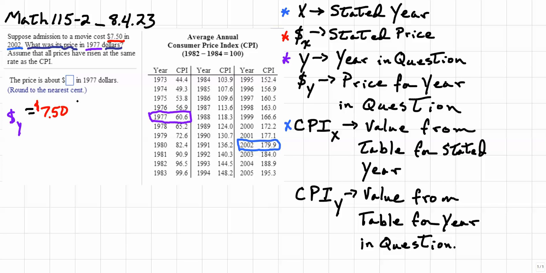We're going to multiply that by CPI sub Y, which is going to be the Consumer Price Index Y. That's this. And we're going to use the 60.6 to represent the Consumer Price Index in 1977. So 60.6. And we're going to divide that by the Consumer Price Index in X, or year X, which is going to be 179.9.